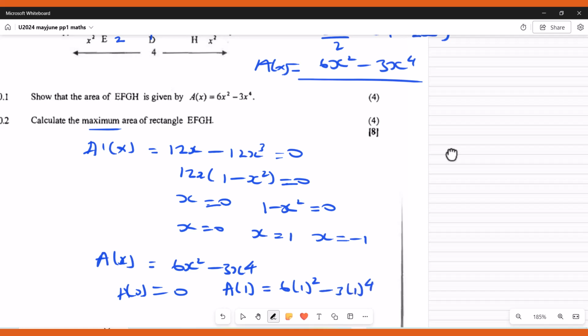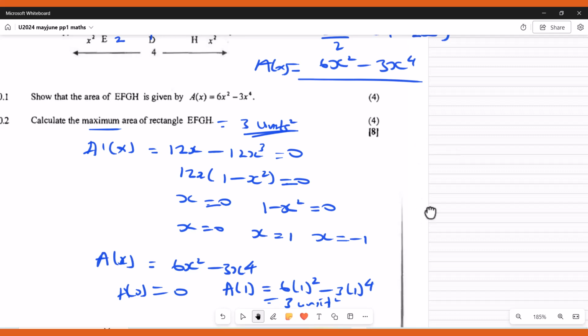So it gives me my area as 3 units squared. So my maximum area here is 3 units squared. That's our answer here. I hope we are together.